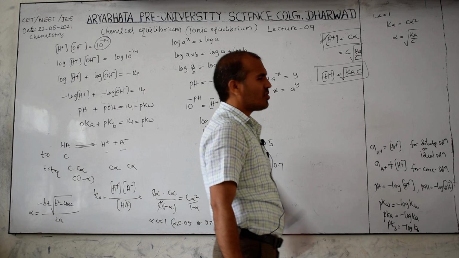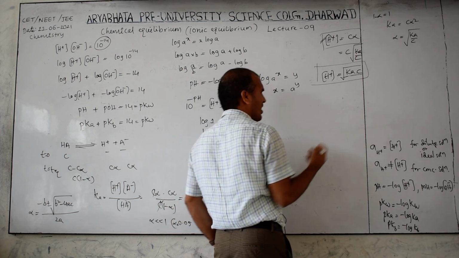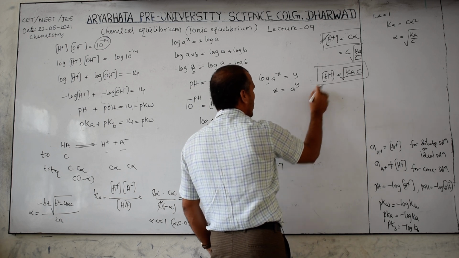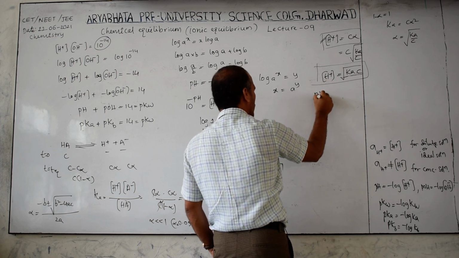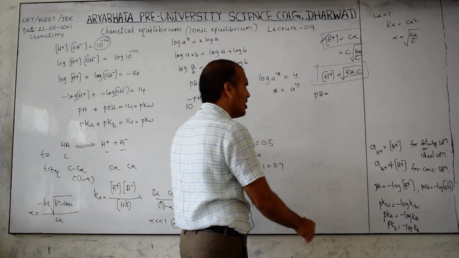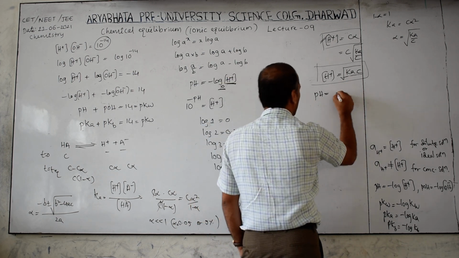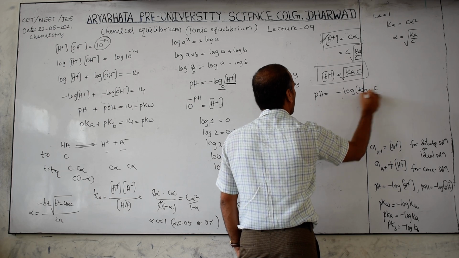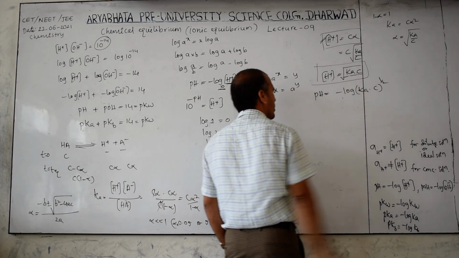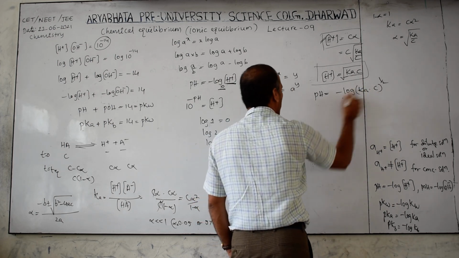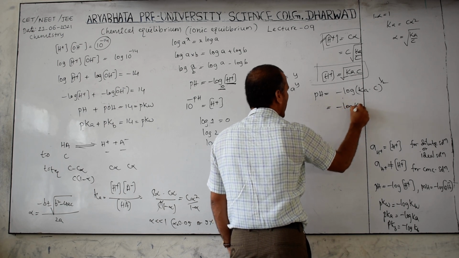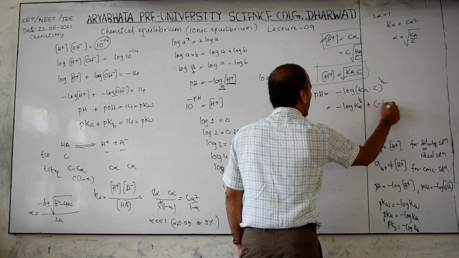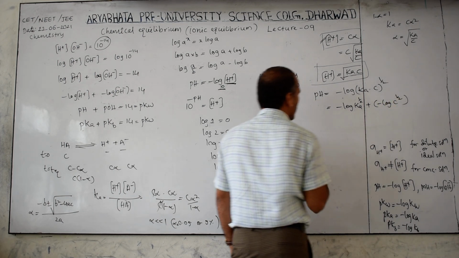Based on this, there is also one more formula, and formulas are directly asked in examinations, so you have to remember it. Apply negative logarithm to the H plus concentration, which is called pH: negative log of root of Ka into C, meaning power 1 by 2. This can be written in A into B form: negative logarithm of Ka power 1 by 2 plus negative logarithm of C power 1 by 2.